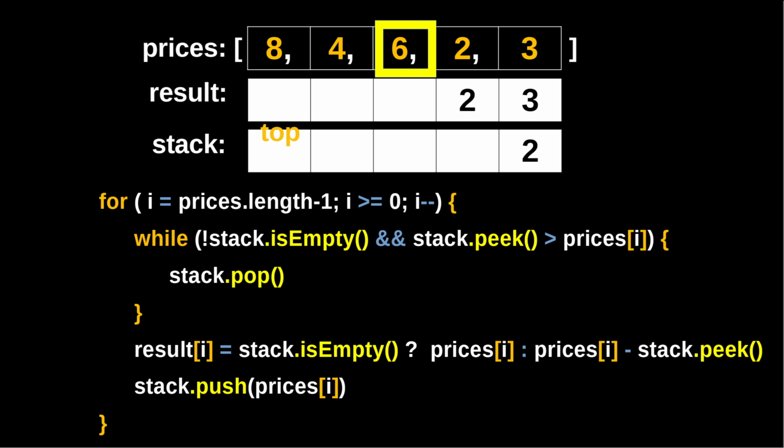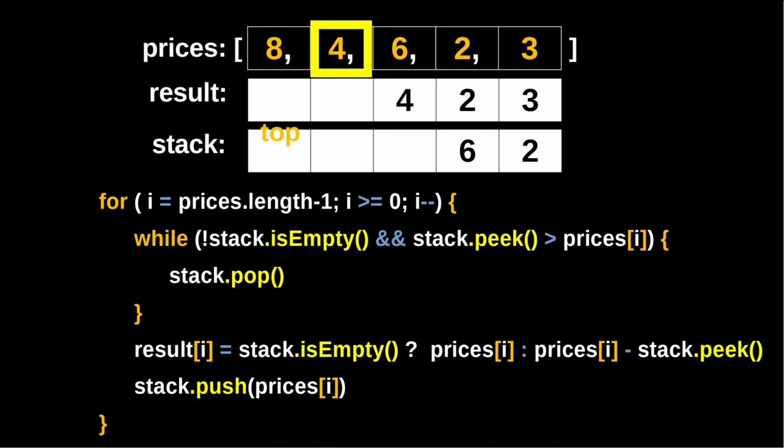The next item is 6. And 6 is bigger than the top of the stack, which is 2, so we are good. We do have a discount, and the discount is the top of the stack, which is 2. So 6 minus 2, we get 4. And we put 6 on the stack. The next item is 4.